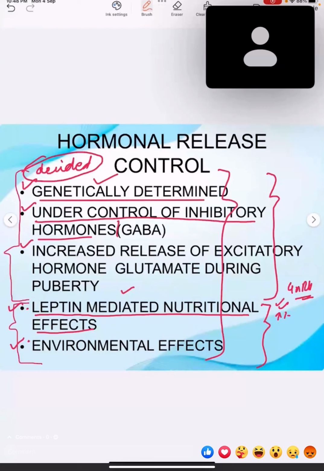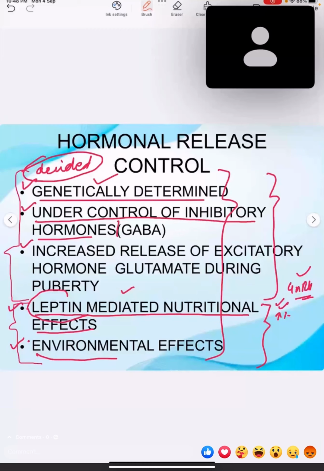This is because leptin causes a positive effect on these hormones, and when there is decreased leptin, like in thin and chronically ill patients, or in mentally deprived patients, with environmental factors, this is basically mental deprivation, they have delayed puberty.